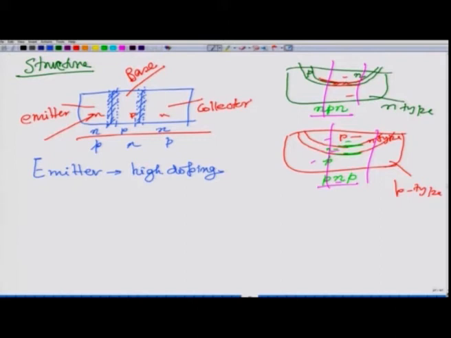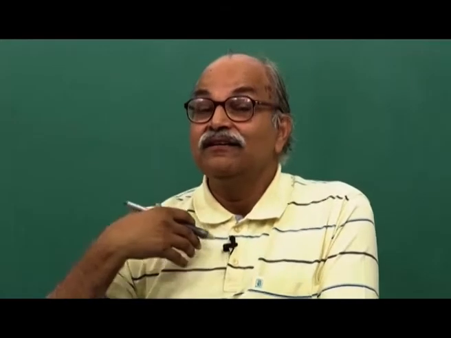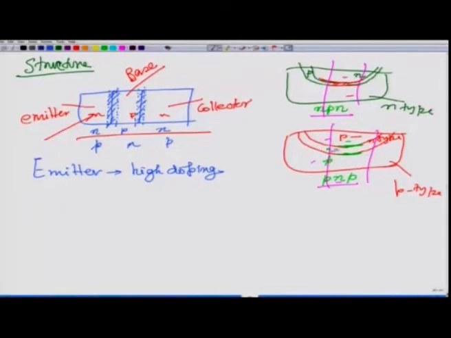So, that doping density is quite high. And why the name emitter, that will be clear once we talk of circuits and currents and all that, but since it is heavily doped, it can pass on the charge carriers in large amounts. We say that it emits those charge carriers on the other side of the junction, and that is why it is called emitter.